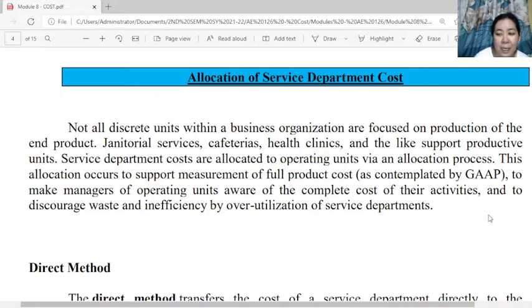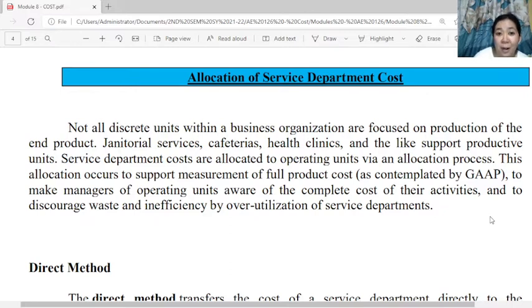So that's why in our discussion for factory overhead, service departments will come in, because basically they are a support group within the organization. Although they are also part of the organization, they are contributing, and costs are also coming from these departments, and they are considered as indirect cost in the production.